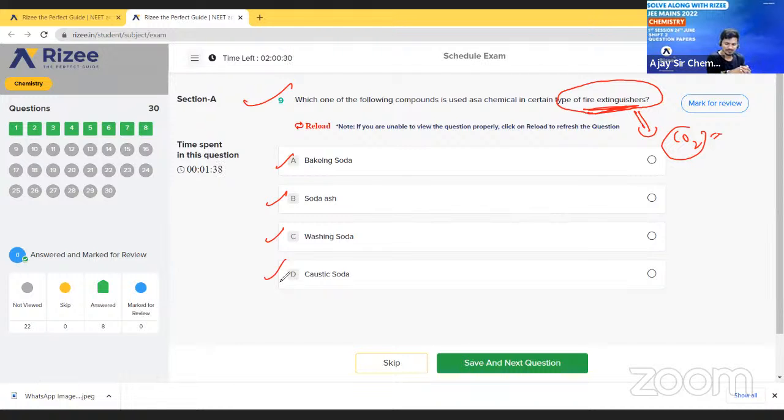No problem, Vijayeshwar and Tejaswini. Very good, well tried, I appreciate it. B, no, not B. So C is finished, D is finished, B is finished. What is left? Baking soda is left.